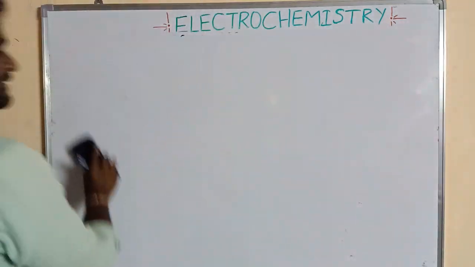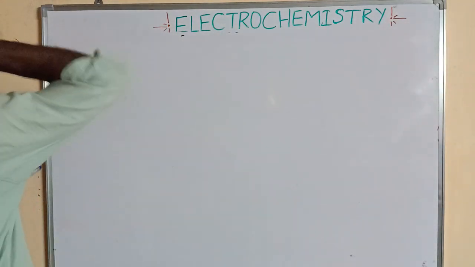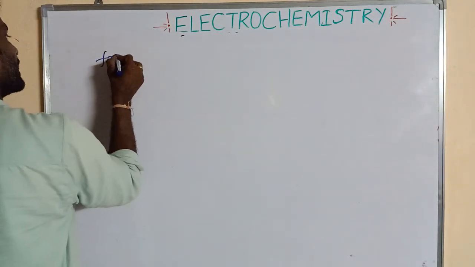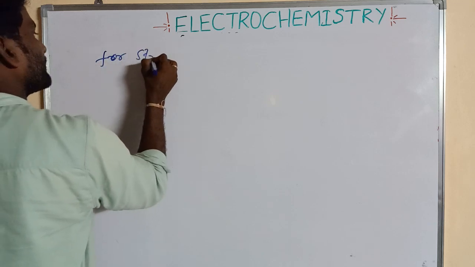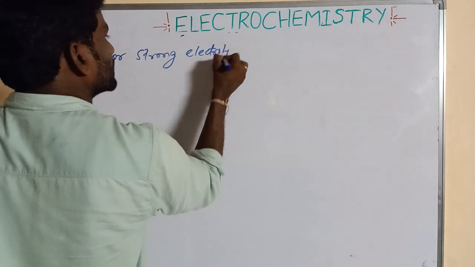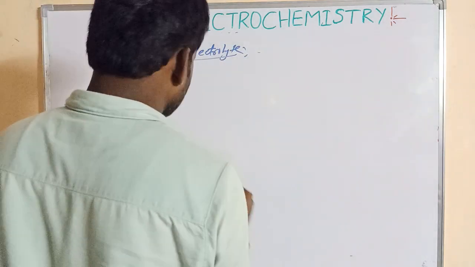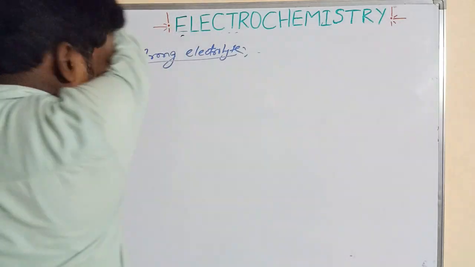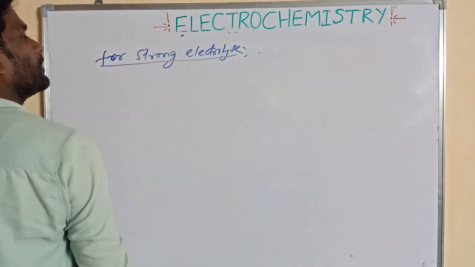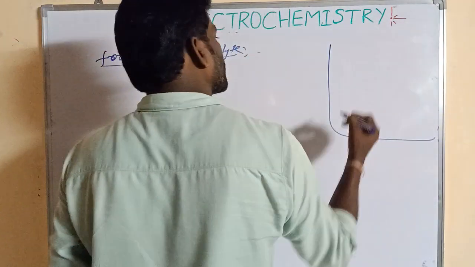This is the effect of dilution on conductance, for a strong electrolyte. This is the graph.